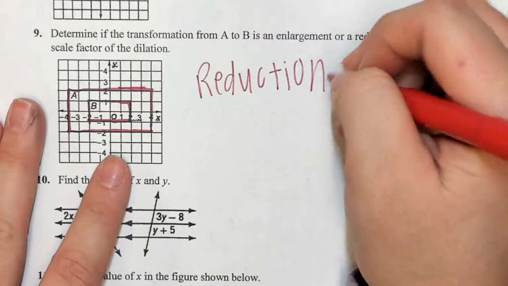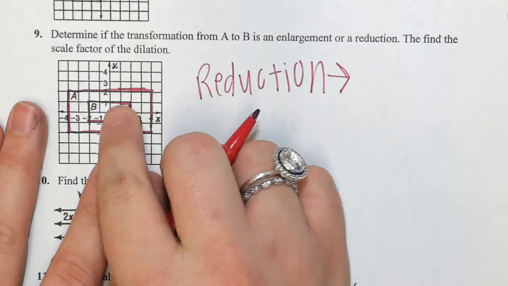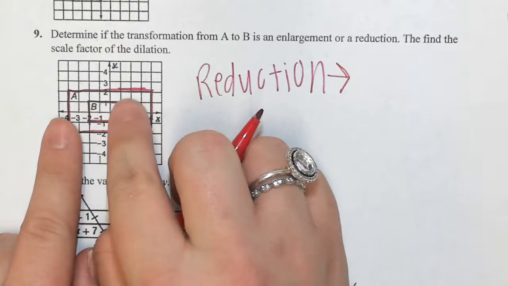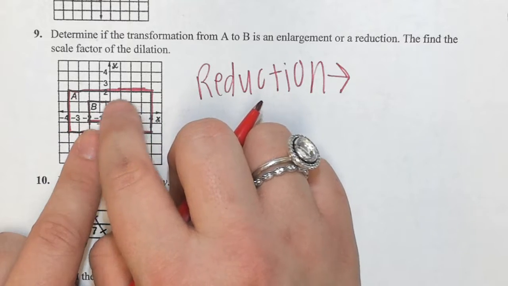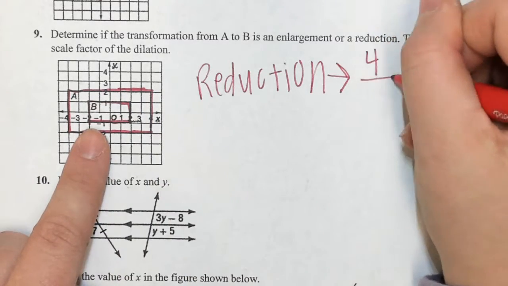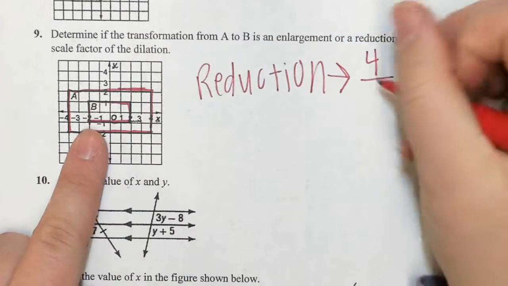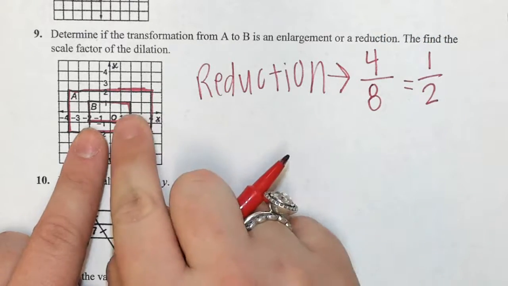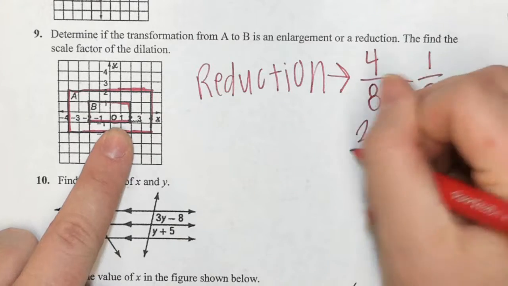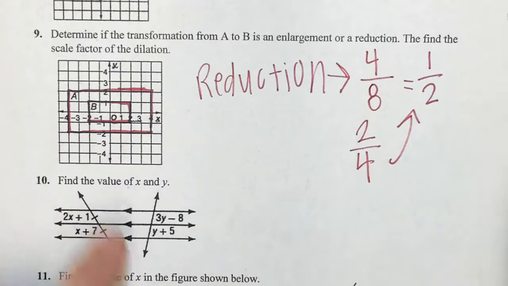So if it's a reduction, you have to start with the smallest one. It doesn't matter which one you count, the tops or the sides, just be consistent. So count the tops, 1, 2, 3, 4 of the small over 8, which reduces to? What if I would have counted the sides? Sides, 2 over 4, which reduces to?